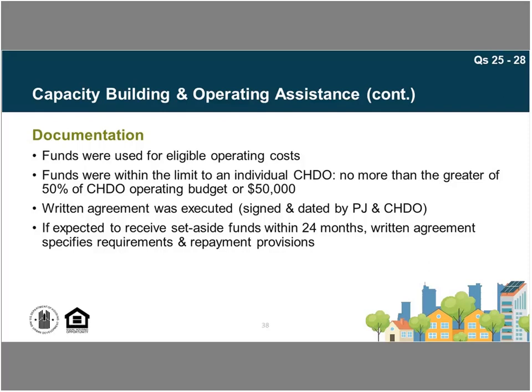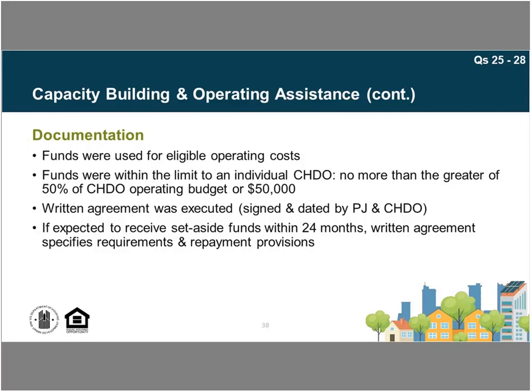Then again, we have this expectation that if we are providing funds to a CHDO that doesn't currently have a project, within 24 months they would be coming for funding. There's an expectation that these funds are being used in support of them being able to have an eligible project in the near future.